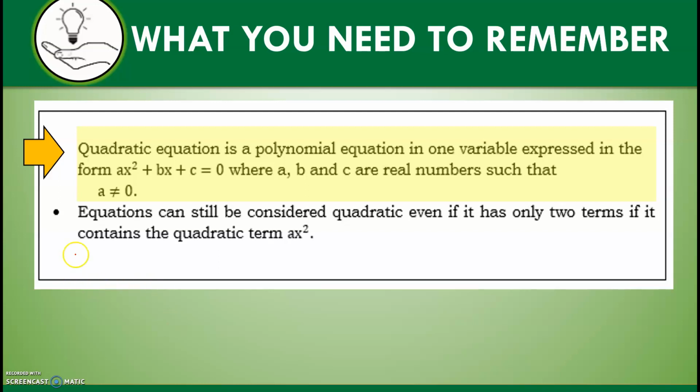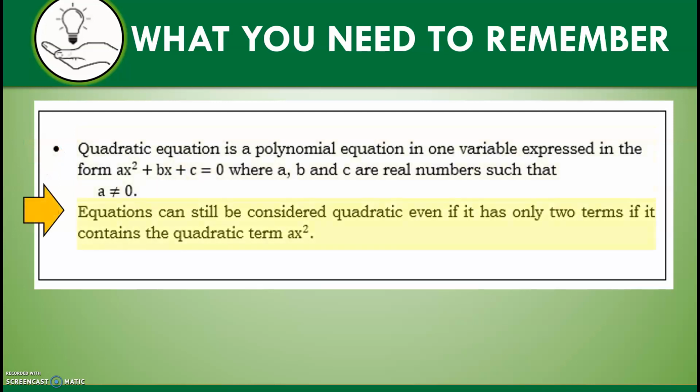Because there will be no quadratic term and it will be a linear equation. And equations can still be considered quadratic even if it has only 2 terms, as long as it contains the quadratic term ax squared.